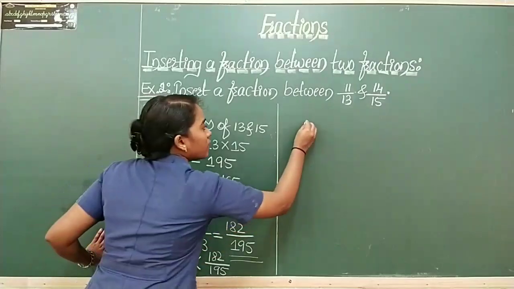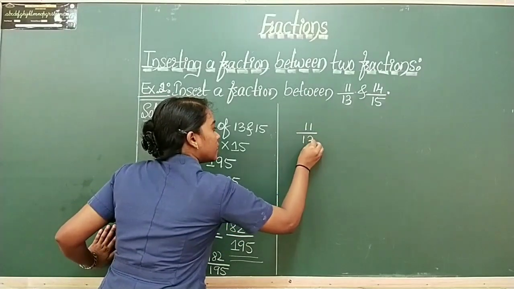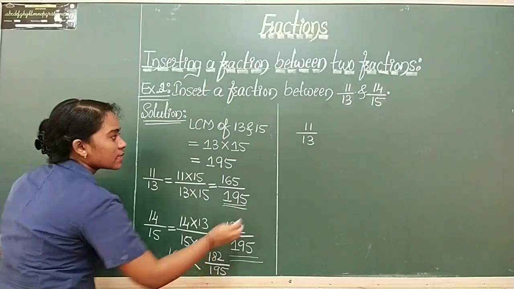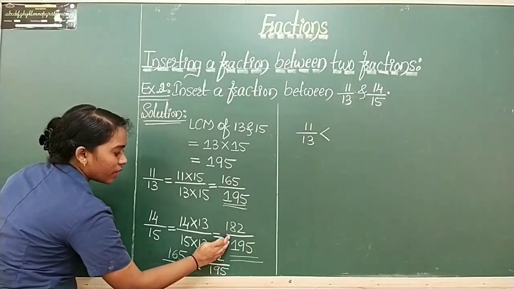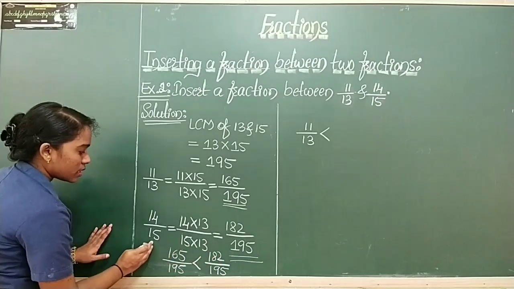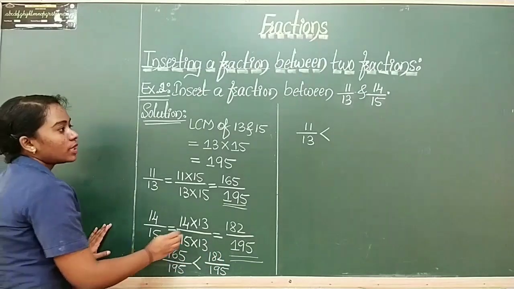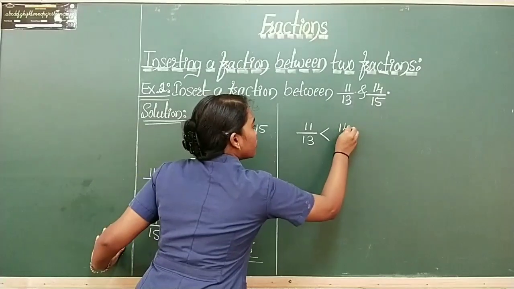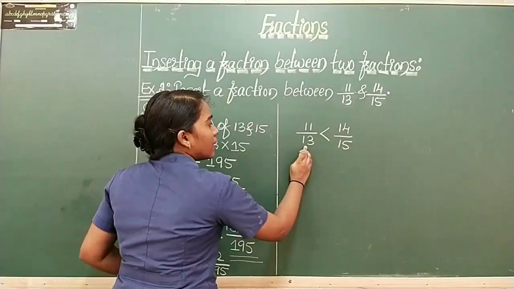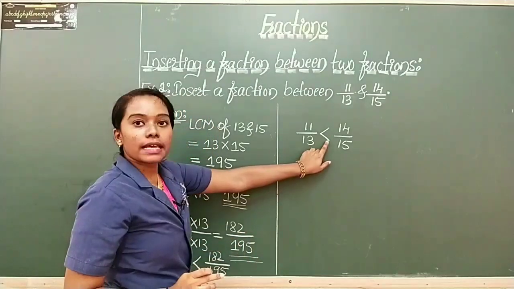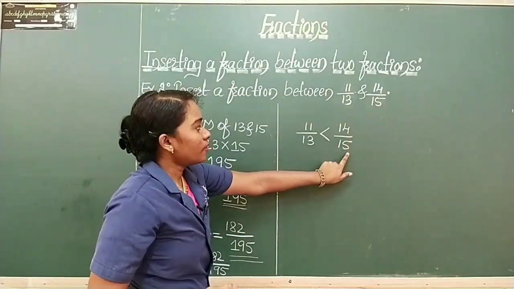So write it here, 11 by 13, which is less than 182 by 195, which is equal to the fraction 14 by 15. So 11 by 13 is less than 14 by 15.